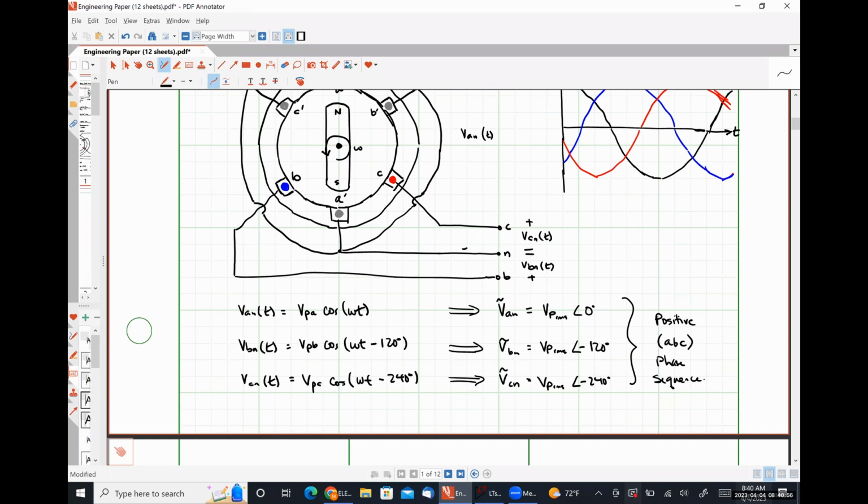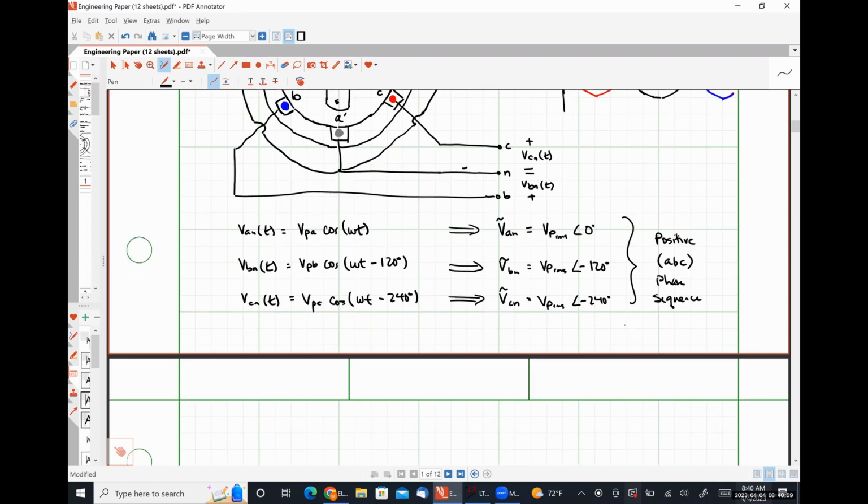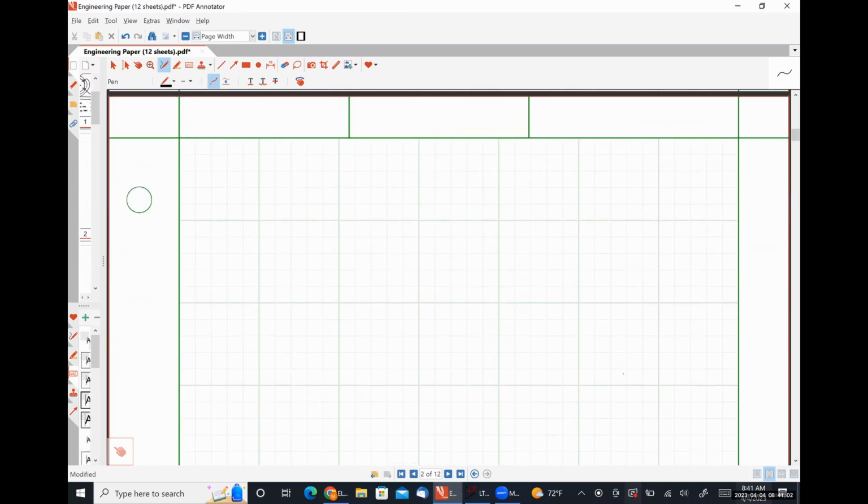All right. So now let's talk about source and load configurations. So we are going to start with the Y connected source.